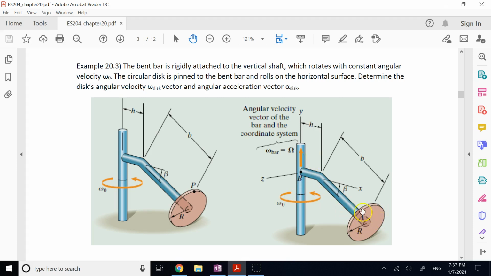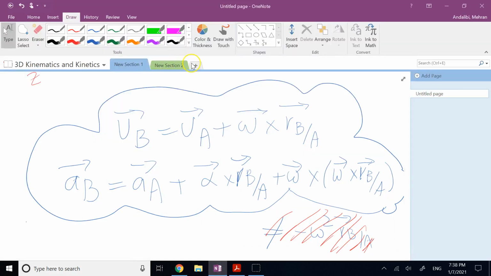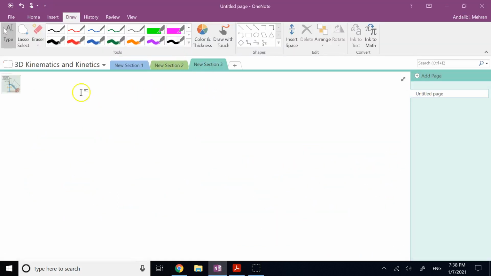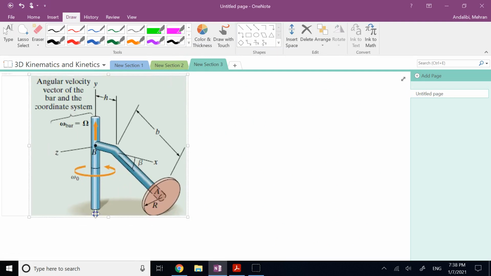But what we want is omega and alpha of this disk with respect to a fixed frame that can be just like xyz, but despite xyz that are rotating about this y, that fixed frame does not rotate. Okay, so what I will do is I will copy this here into the Microsoft OneNote, and we'll try to solve this problem together with you.